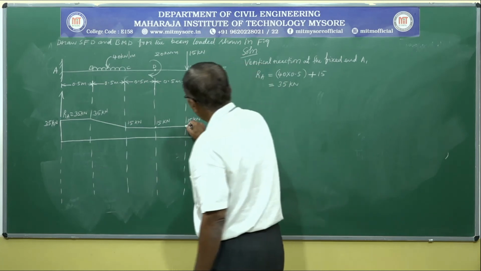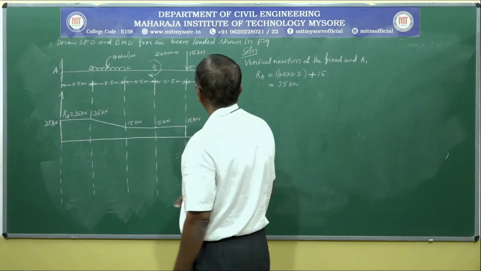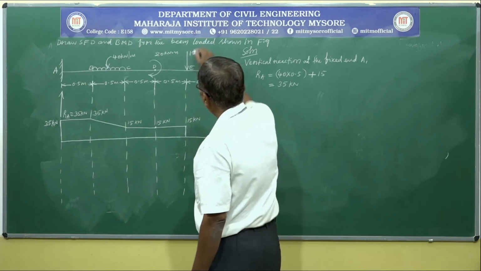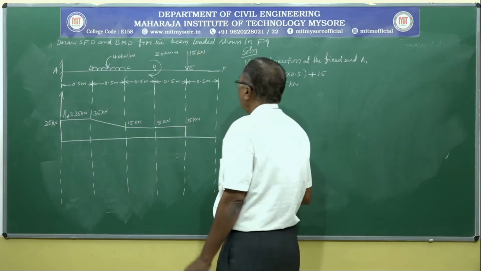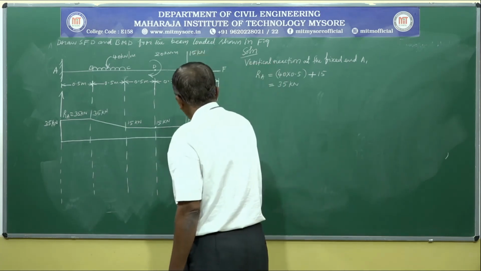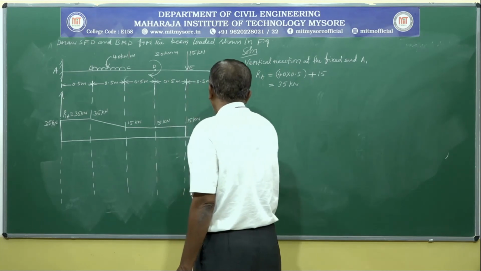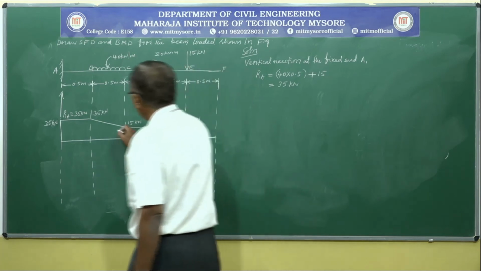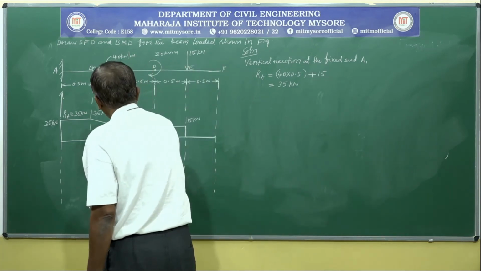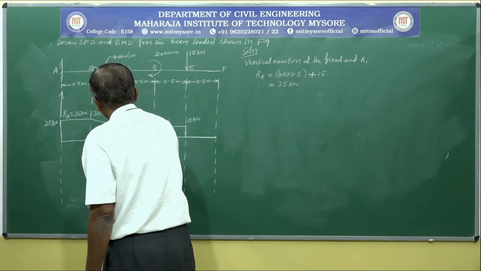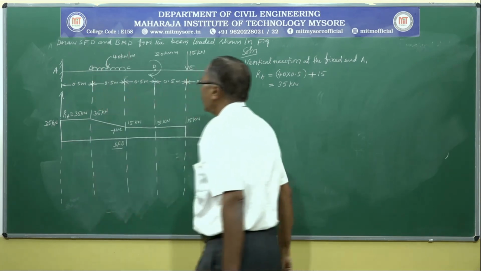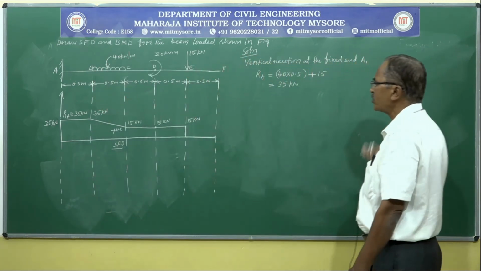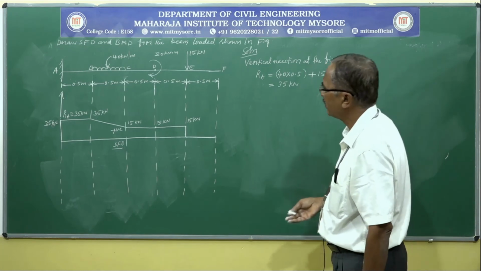At point E, there is a vertical load acting in downward direction, 15 kilonewton, come down and join with the reference line. Between E and F, there is no shear force, just darken it, it is zero shear force. Above the reference line, it is positive shear force diagram. Just copy the shear force values and mark them here.